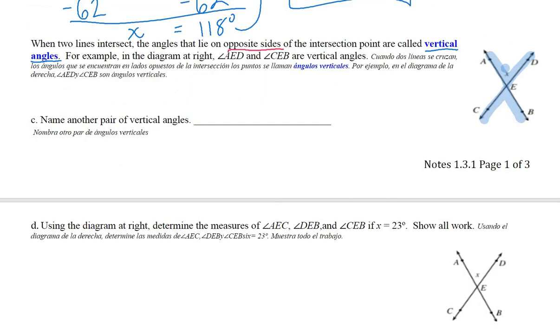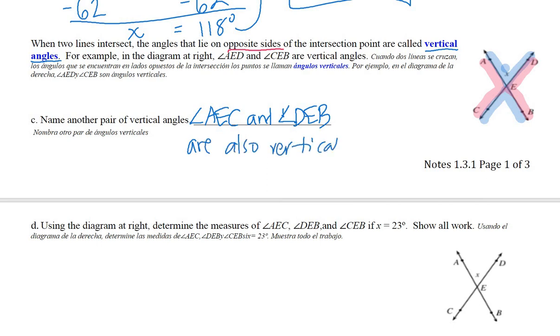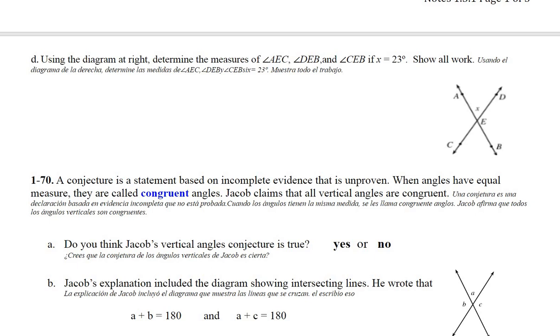So I can also see that I've got angle AEC, which is opposite DEB. Therefore, angles AEC and DEB are also vertical. Period.